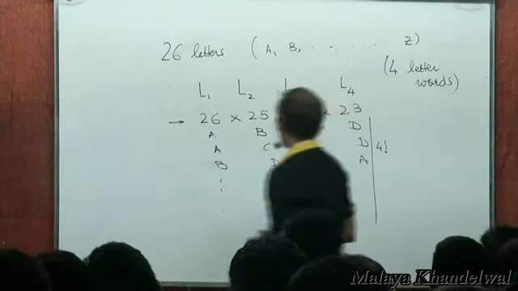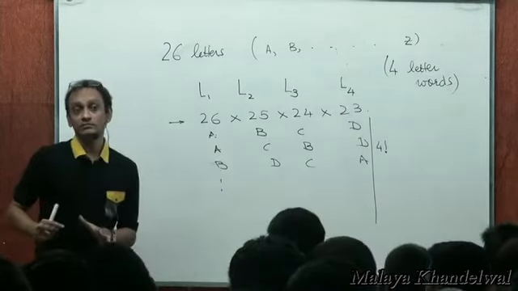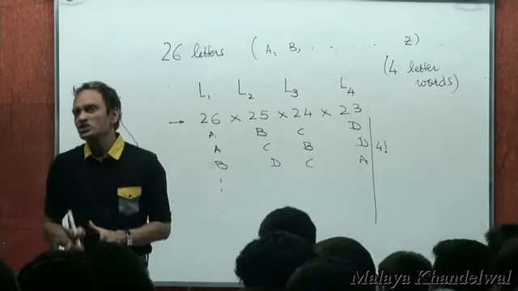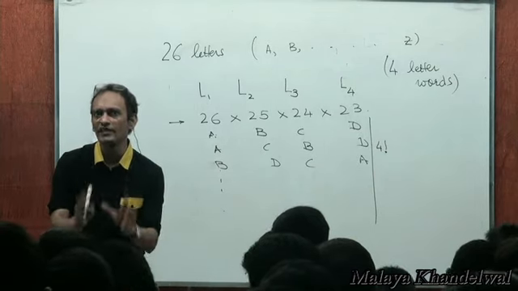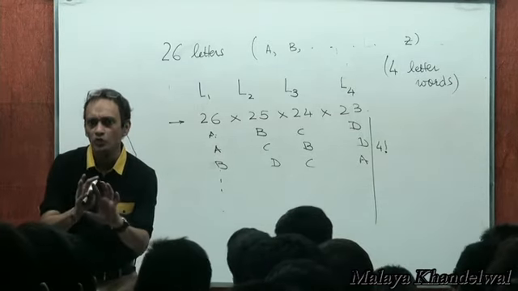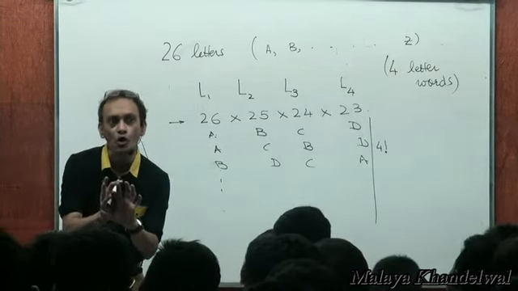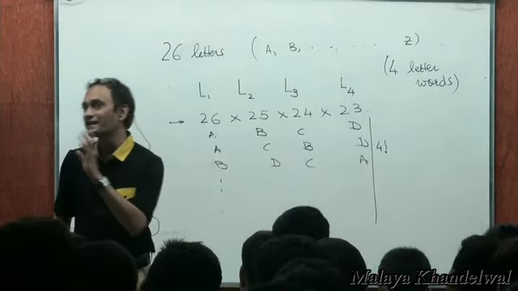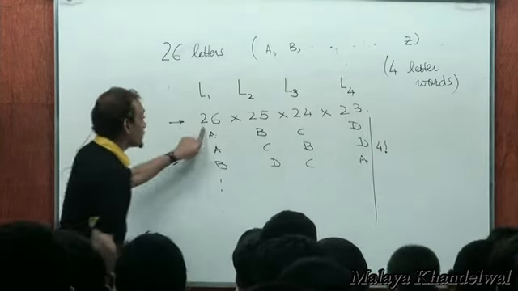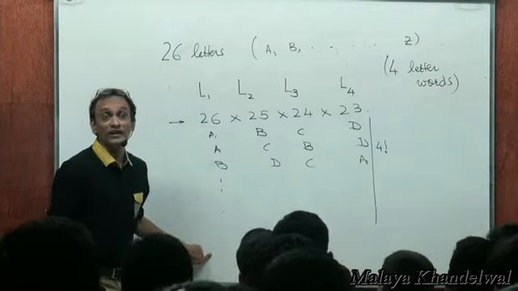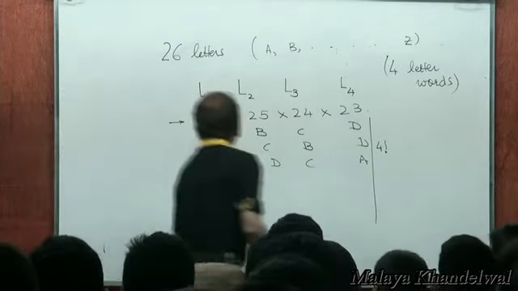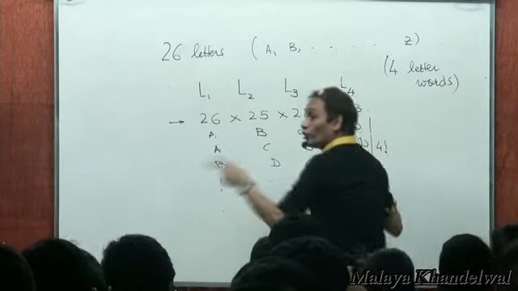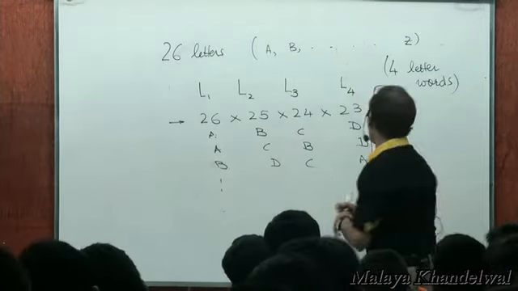That means, if someone told me, just select 4 letters out of 26 available, I am not interested in the order, then out of these 4 factorial, only 1 is relevant.